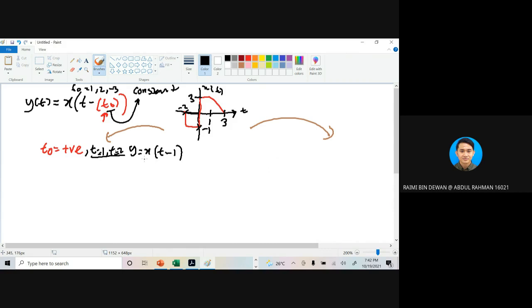Just like I told you to make an individual bracket, you can see this is actually t minus 1. I hope it's clear now.